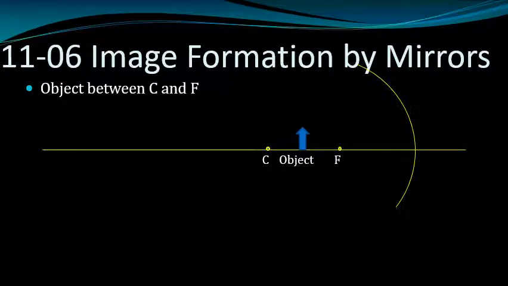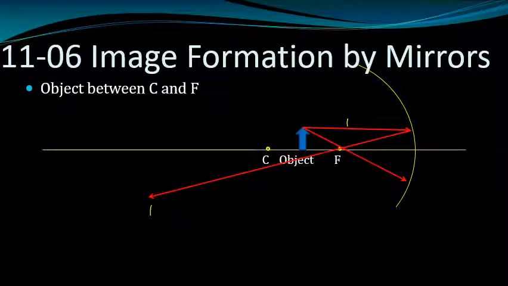Ray 1 starts with the object, is parallel to the principal axis, and hits the mirror. It is reflected back through F. Ray 2 starts at the top of the object, goes through F, hits the mirror, and is reflected parallel to the principal axis.